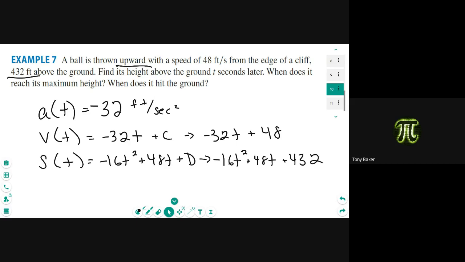All right. When does it hit the ground? That's just when y equals 0.